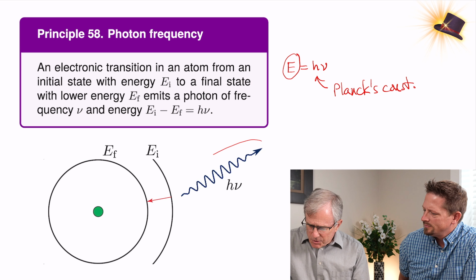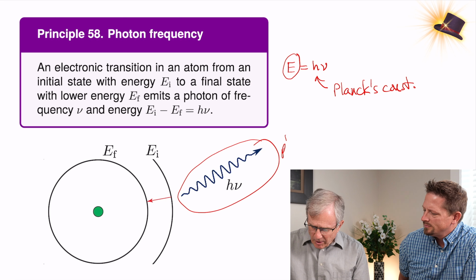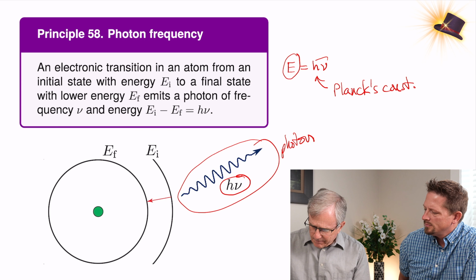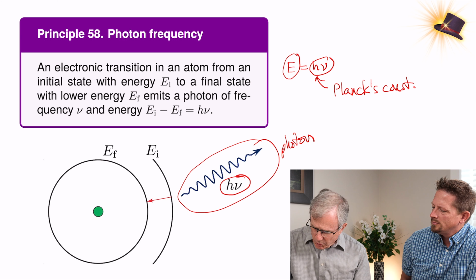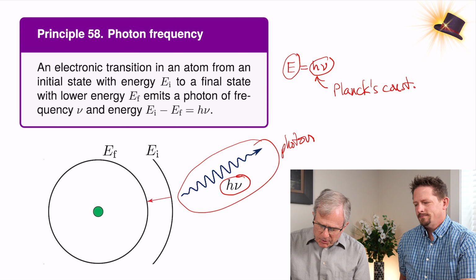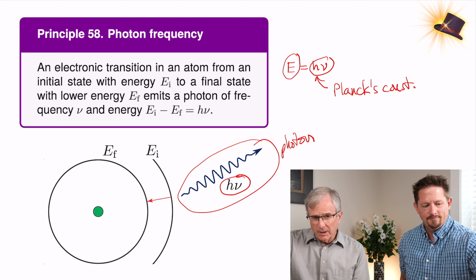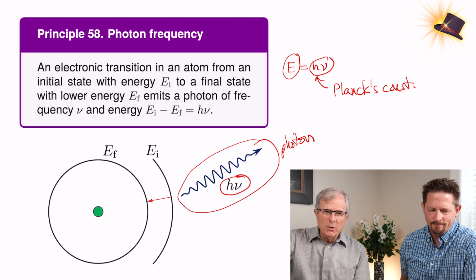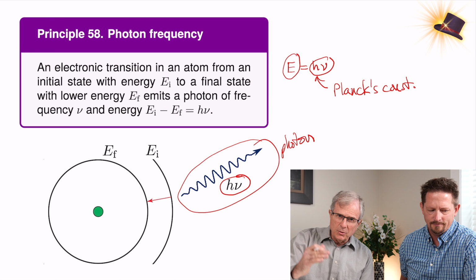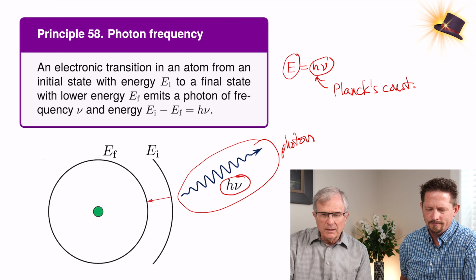Here, the energy that's carried off by this photon, so this is the photon, and here's its energy, h nu. But that energy is the difference in the energy levels of the electron as it moves from a higher energy state to a lower energy state in the atom.